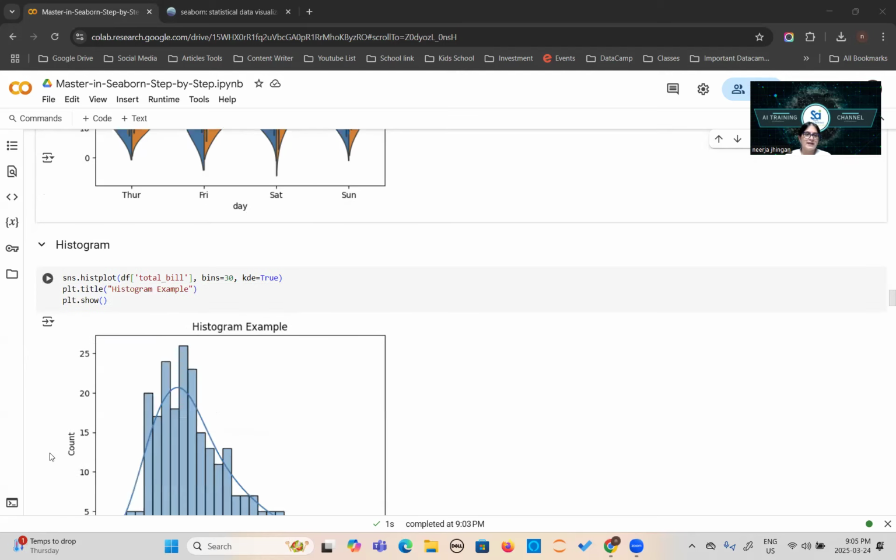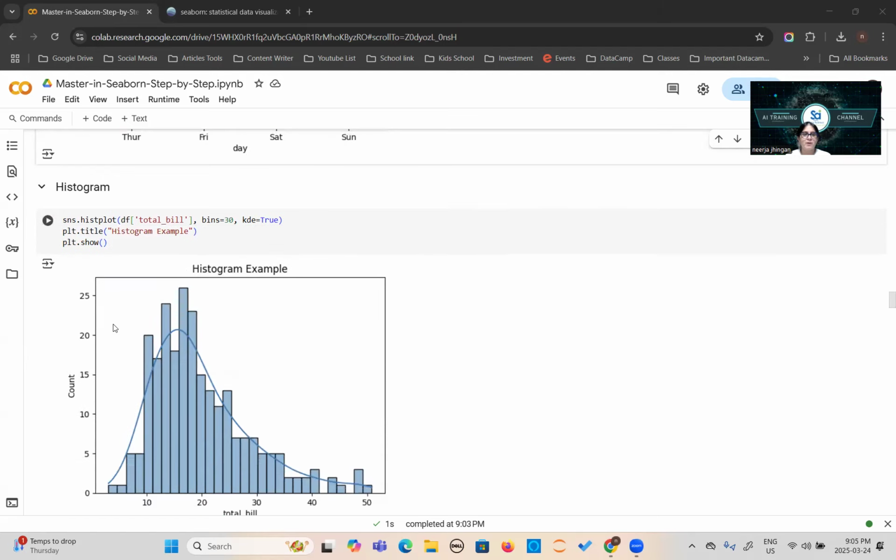Now we will move ahead with the histogram. This is very popular. This is the most common graph we use for the front end, and it is showing the total bill and the frequency of each one. KDE means kernel density. It is showing the distribution with this line.